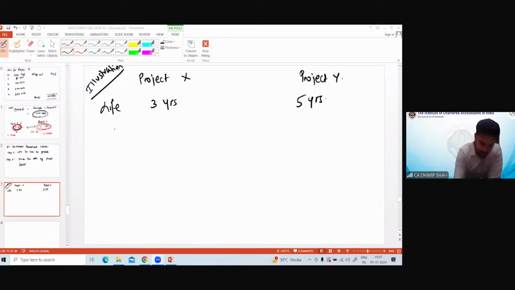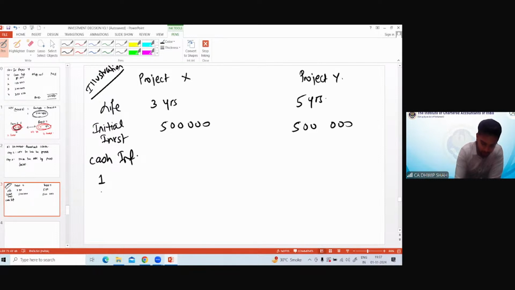Initial investment is 5 lakh for both the projects. The pattern of cash inflow is as follows. For project X: 2 lakh, 250, 4 lakh.